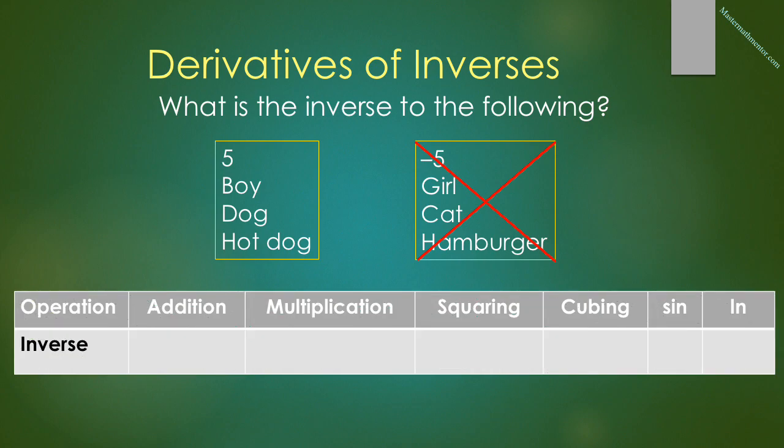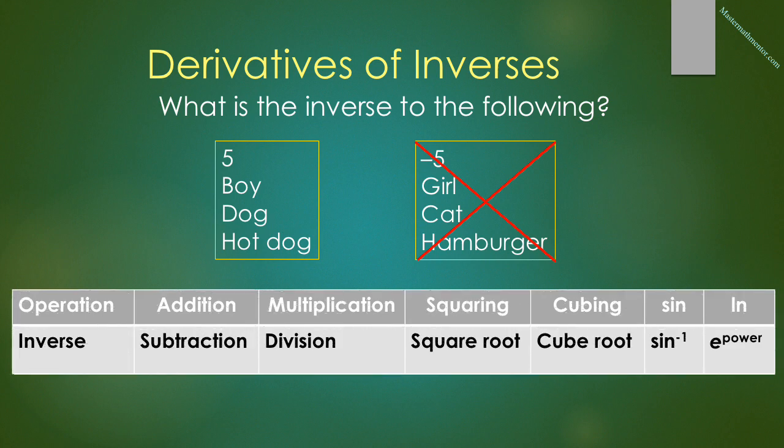In math, our verbs are operations, like addition, multiplication, squaring, cubing, taking the sine, and natural log. Write down what you believe to be the inverse operation of each. So, if we start with the operation of addition, the inverse operation is subtraction.